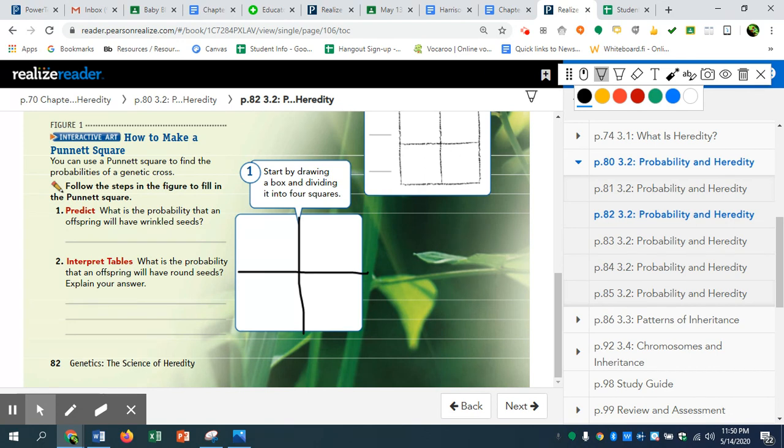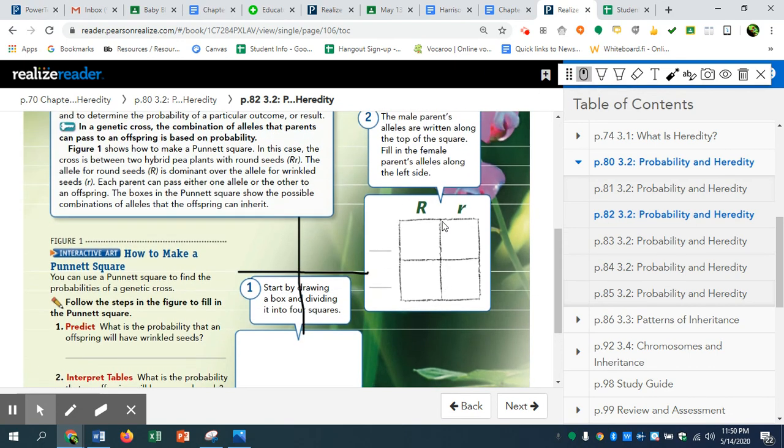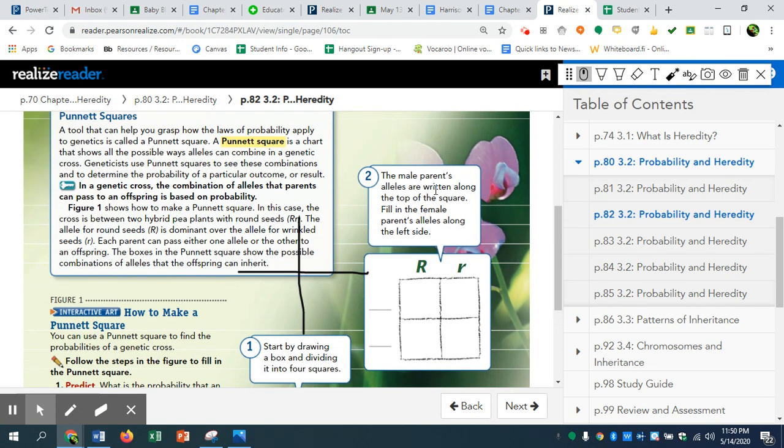So now step 2, it says the male parent's alleles are written along the top. So the father, the male, if it's a plant, if it's an animal, father's alleles are written along the top. The female, the mother's alleles are written along the side.